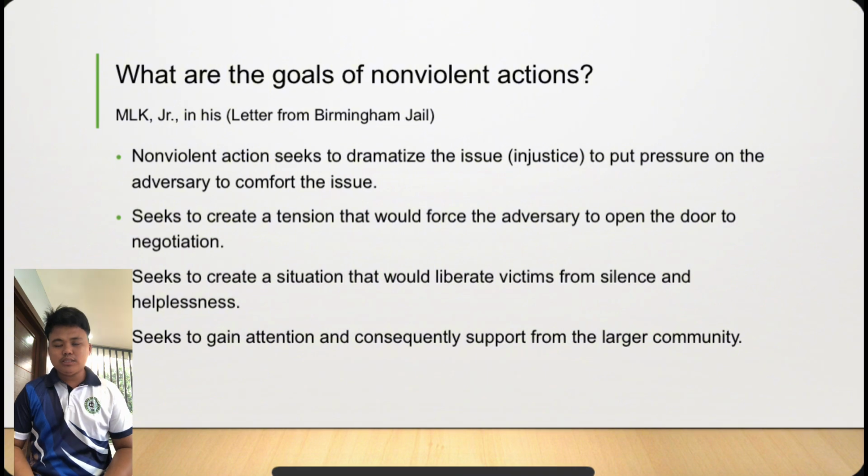And lastly, seeks to gain attention and consequently support from the larger communities. So it talks about the power of democracy, that the people will gather together and form as one to express what they want to address to the government.